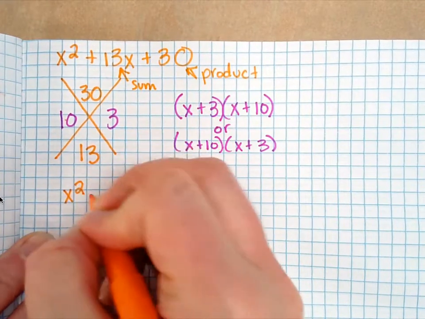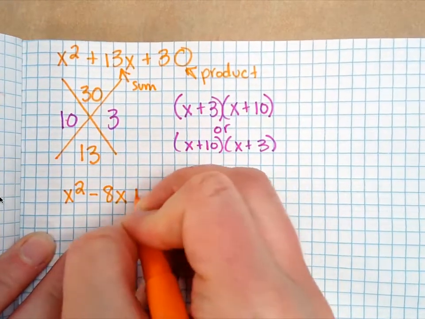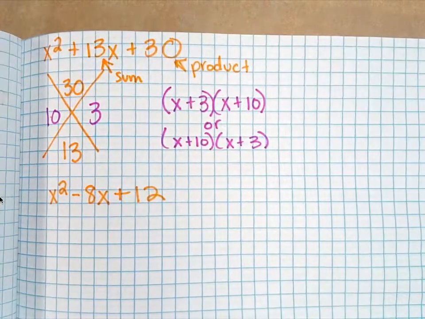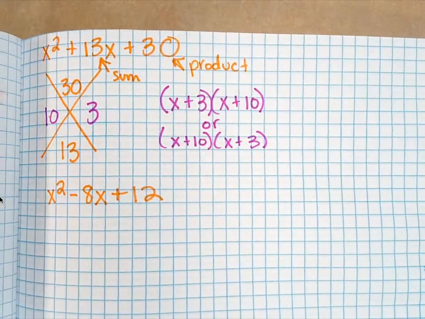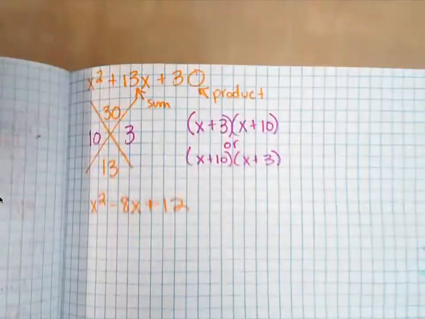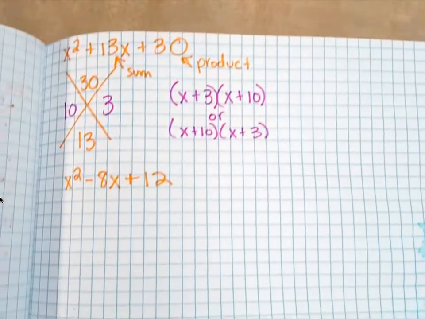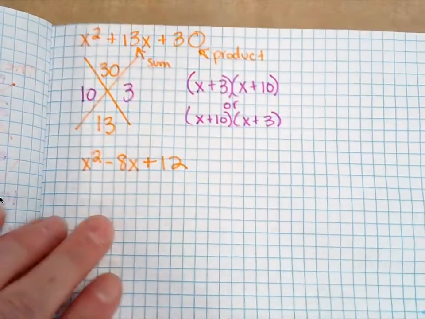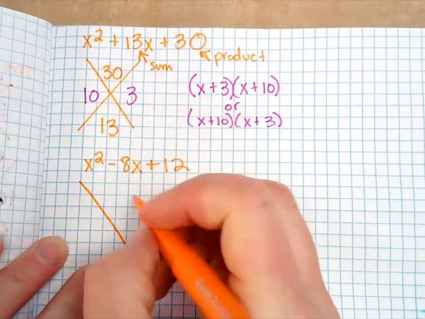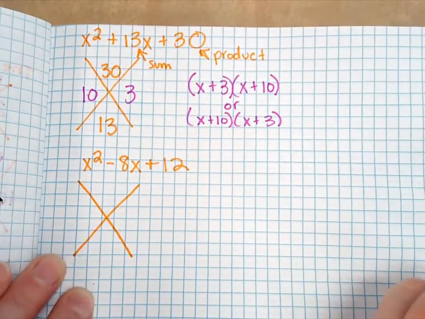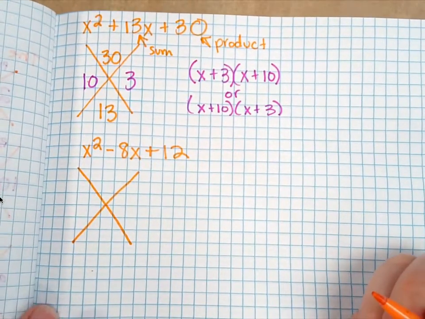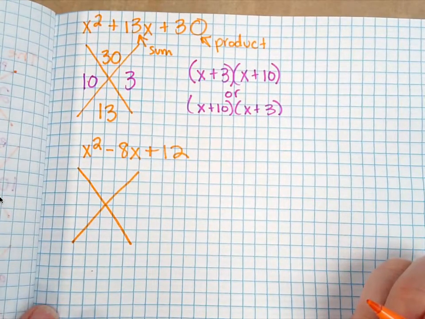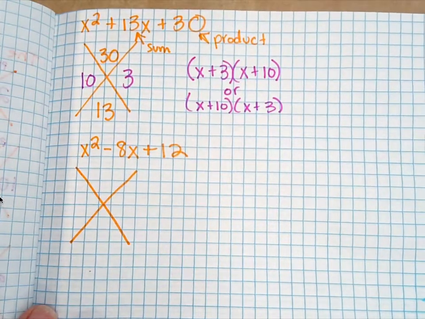X squared minus 8x plus 12. So let's look and see.